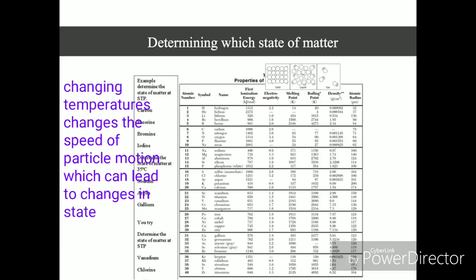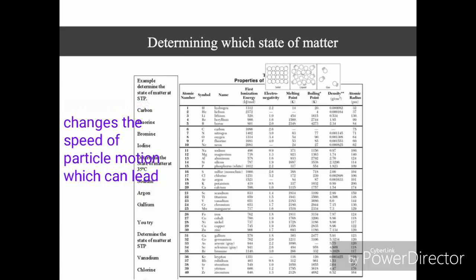It is important that you are able to determine which state of matter substances exist at different temperatures. One of the most common temperatures that we will examine in chemistry is at standard temperature and pressure. This temperature is defined on reference table A.